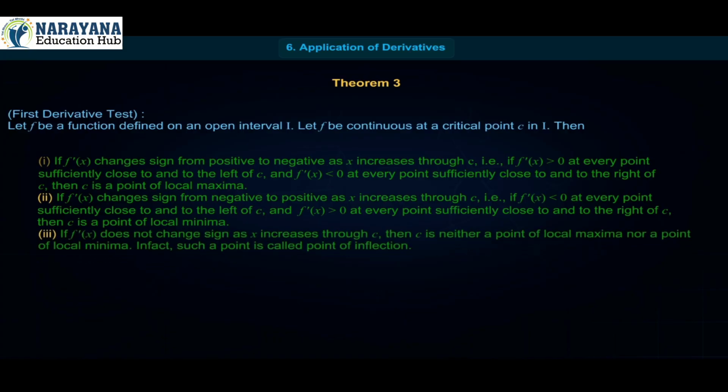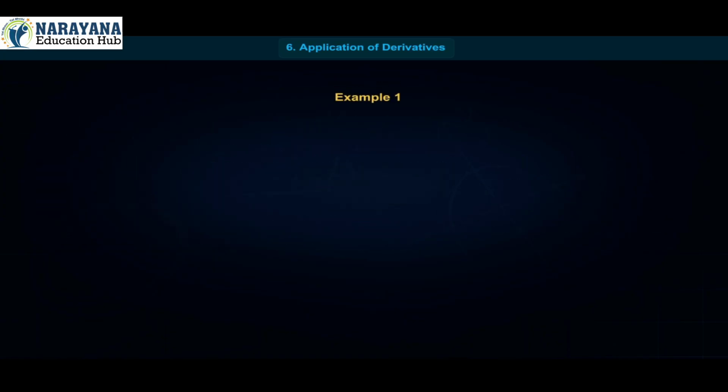Number 3, if f dash of x does not change sign as x increases through c, then c is neither a point of local maxima nor a point of local minima. In fact, such a point is called a point of inflection.